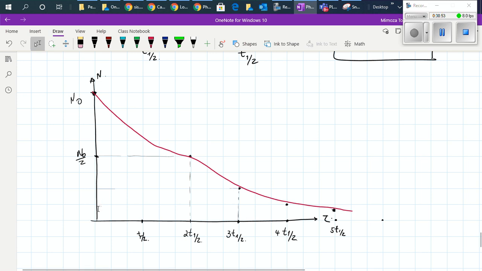So it doesn't matter how much time goes by, it still will have some material remaining, either nuclei or amount or whatever we started with. So this graph will be a nice one like this.